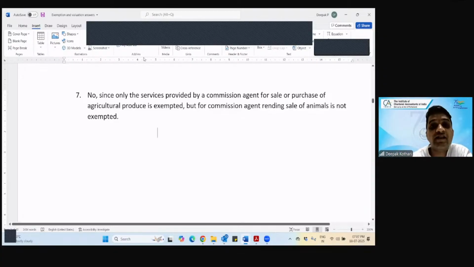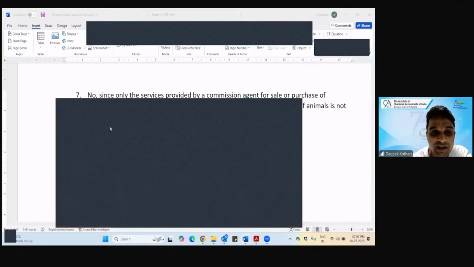So if there are grains, fruits or vegetables being sold and he is acting as a commission agent, then he'll be exempted. But for sale of animals, if he is getting commission, it will be taxable. Chicks are not classified as agriculture produce, so he will not be exempted.